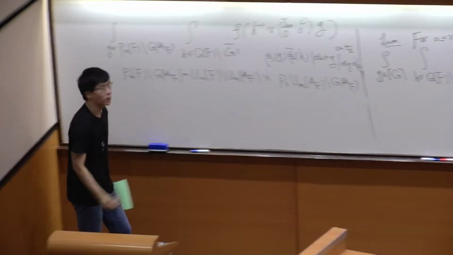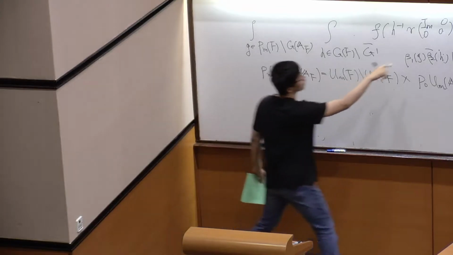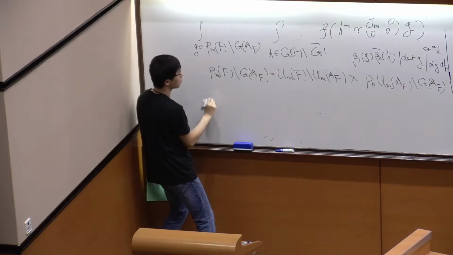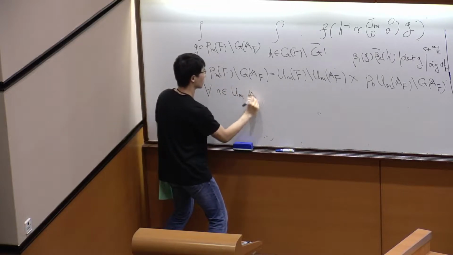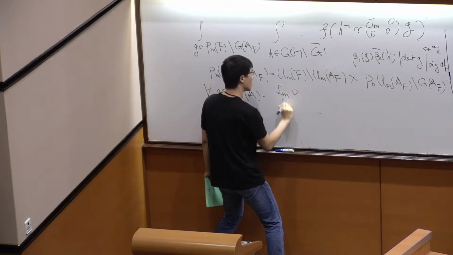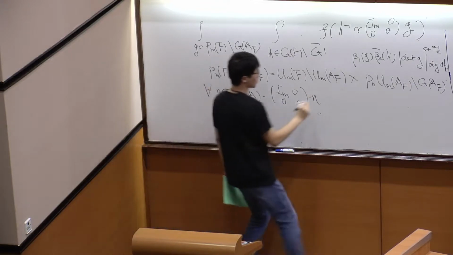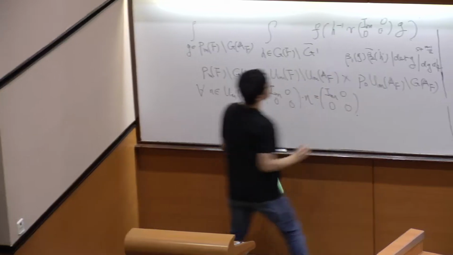And moreover, here we notice that the right action of the whole unipotent radical on the element here is invariant. In other words, for any n belonging to UMA, you find that the right action of n on this element is equal to itself.